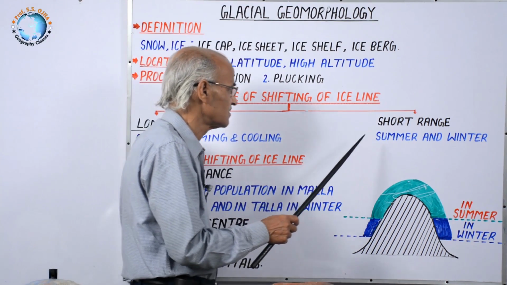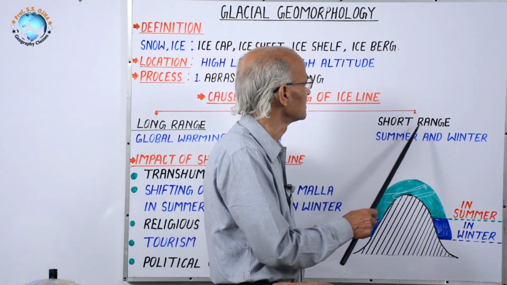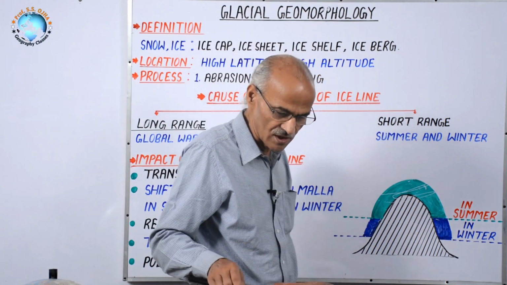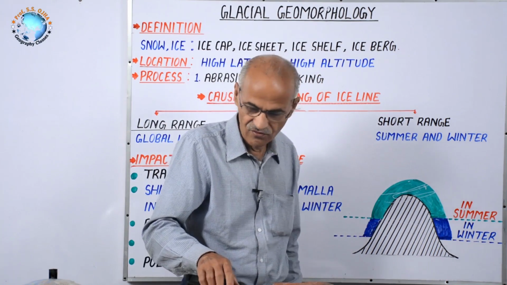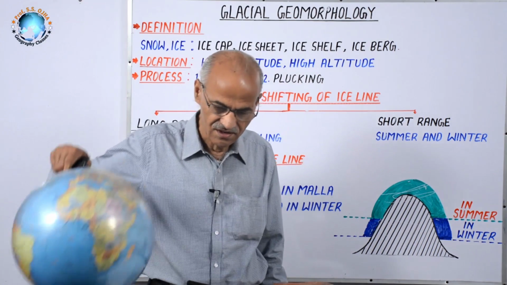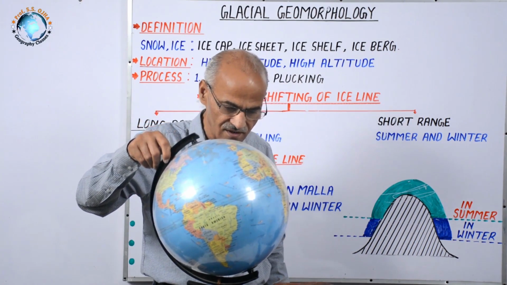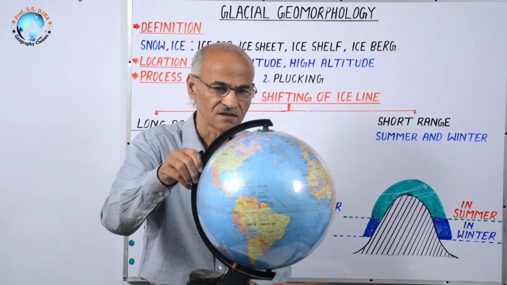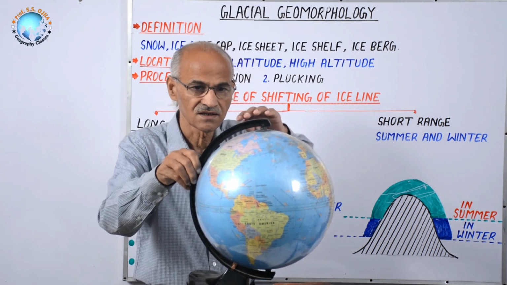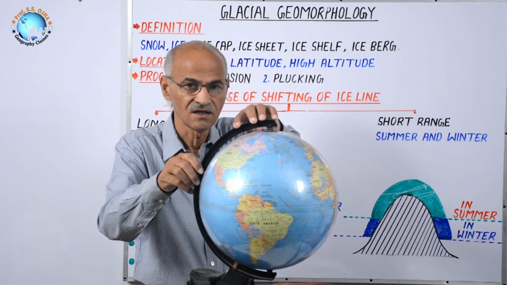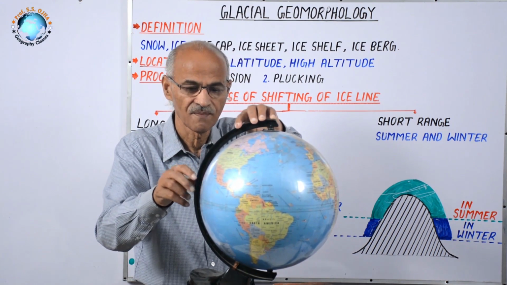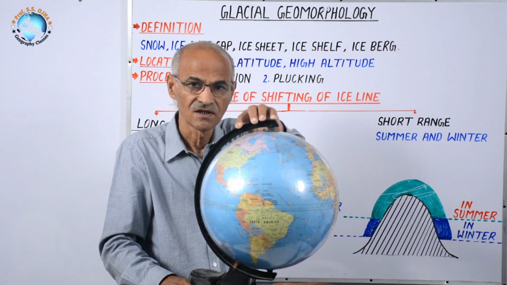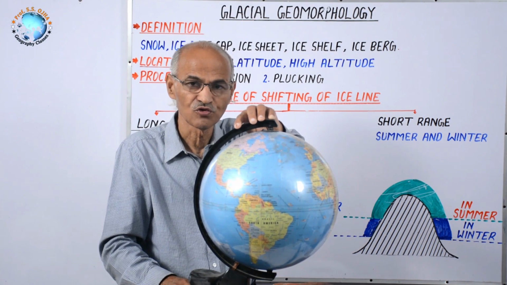The second cause of shifting of ice line is short range, that is due to summer and winter. Why are summers and winters found on the earth? Its answer is very clear. Had the earth been straight on its axis and the sun been shining vertically throughout the year over the equator, there would have been no change of summer and winter, no season.